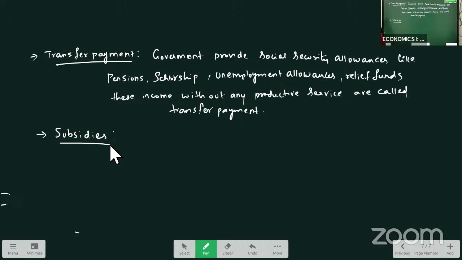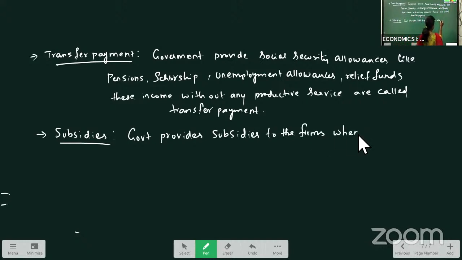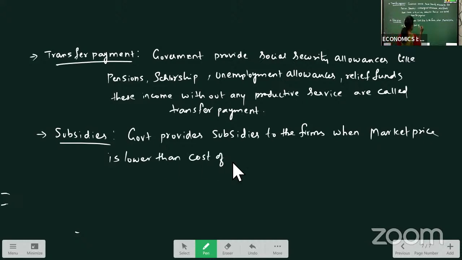Government provides subsidies to the firms when market price is lower than cost of production.